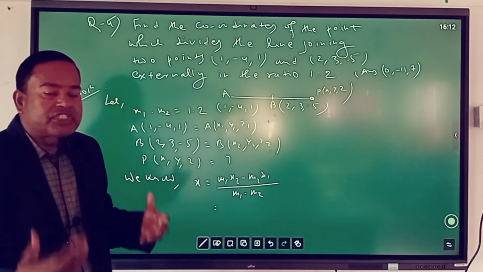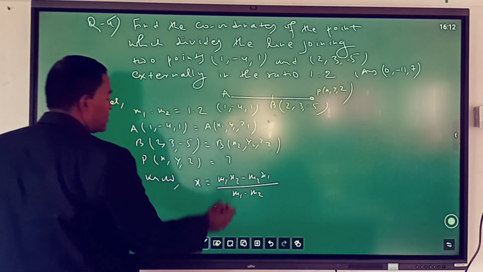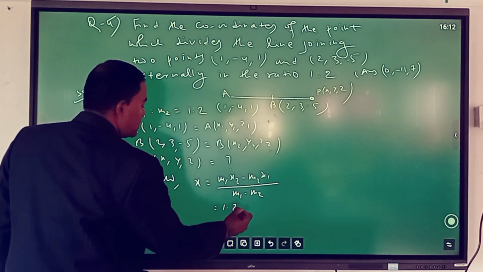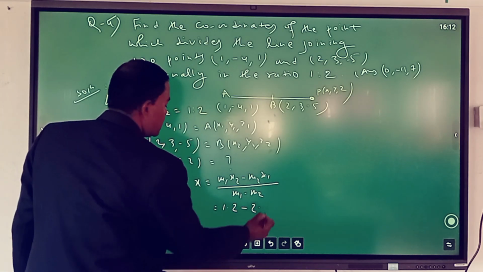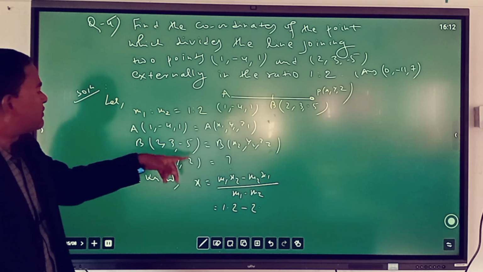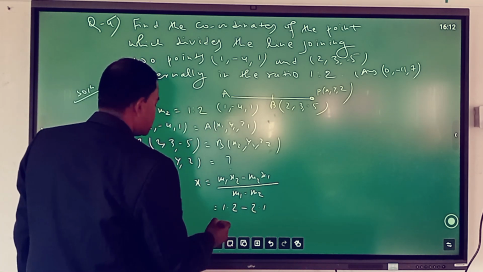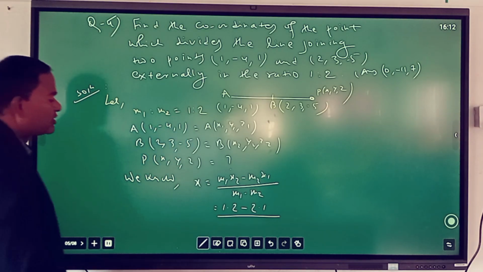Let us substitute the corresponding values. m1 means 1, x2 means 2, minus m2, the value of m2 is 2, the value of x1 is 1, divided by m1 minus m2, that means 1 minus 2.